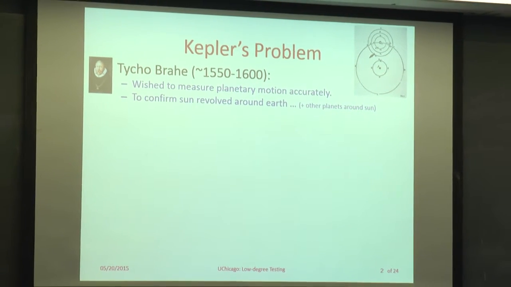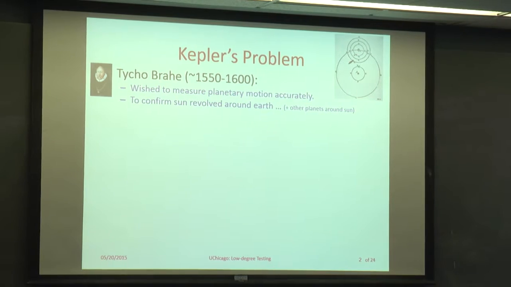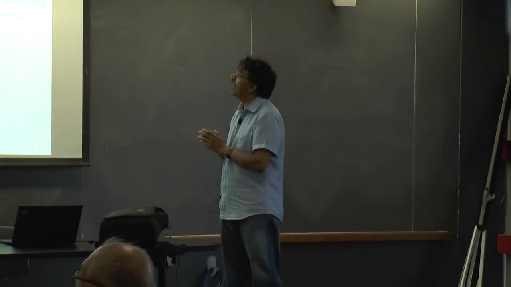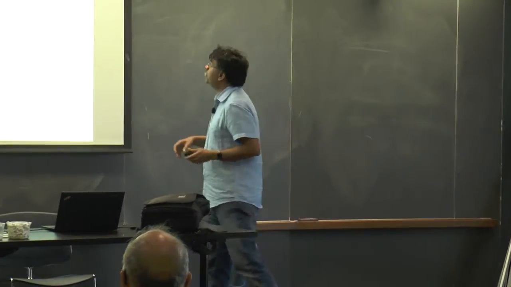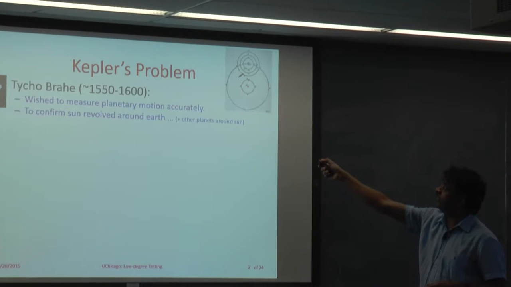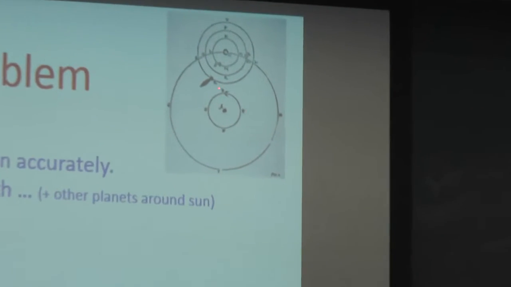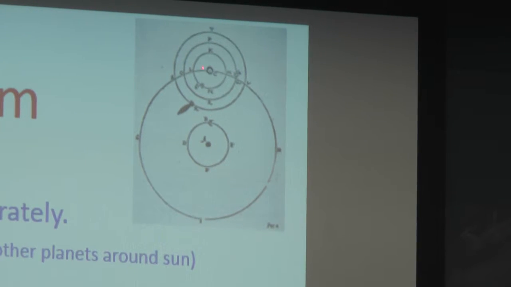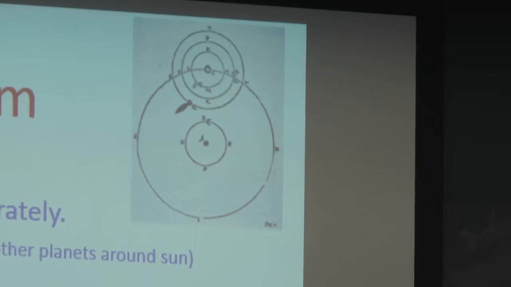He was trying to figure out what was explaining all the planetary motion around the earth. The general picture that people had was that at the center of the universe is the earth. There's the moon which rotates around the earth, and then the sun which rotates around the moon, around the earth, and then all these other planets which are rotating around the sun.